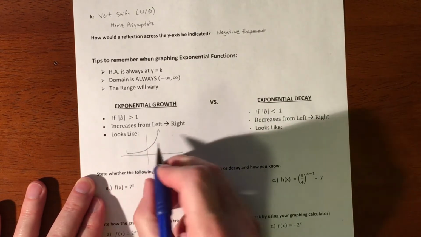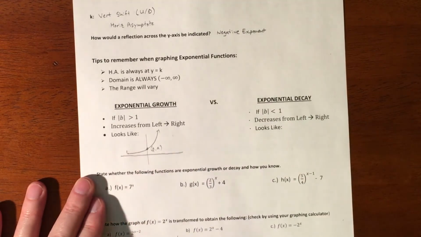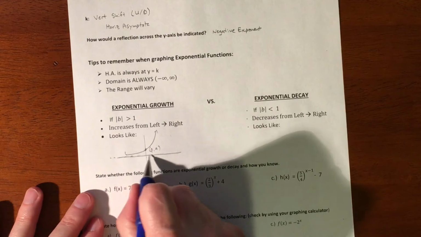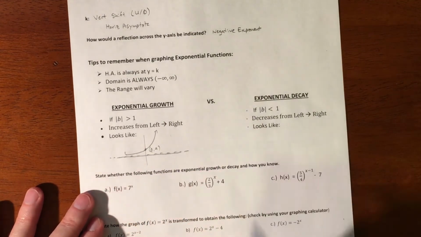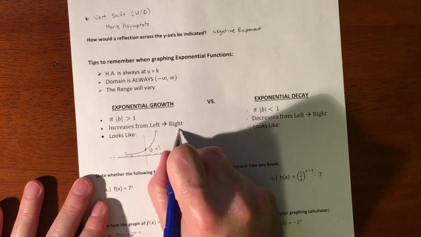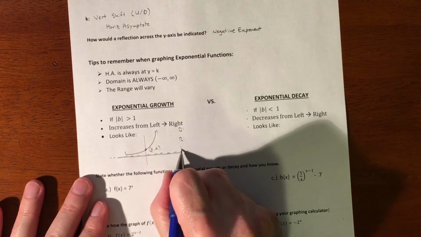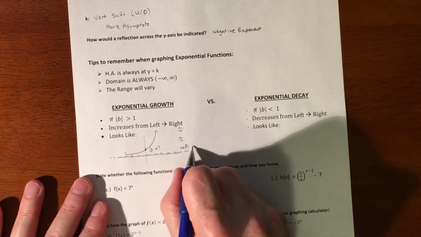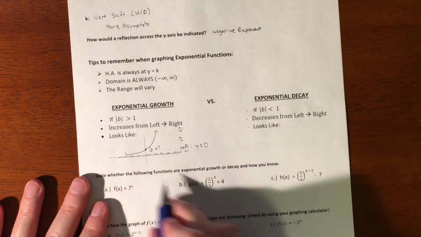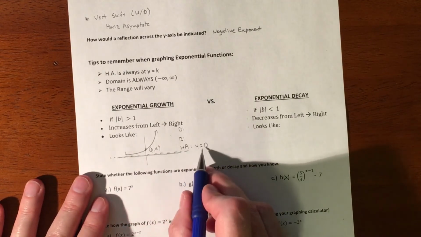So if B is bigger than 1, we have exponential growth. It increases from left to right, and it looks like this. And this is your (0, A), your initial value. And you have a horizontal asymptote at y equals 0. That can shift depending upon whatever your K is, but in general, that's where it starts.